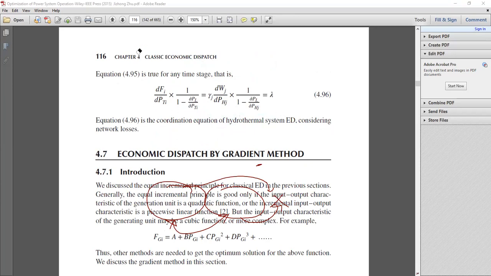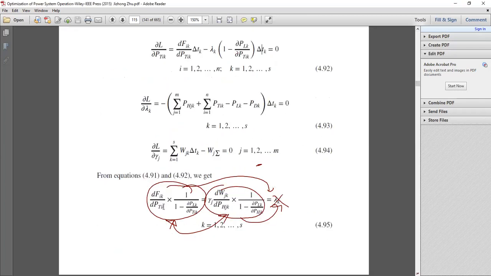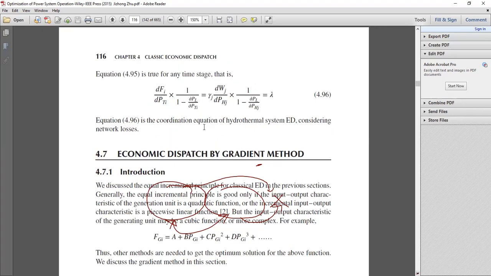So equation 4.95 is true for any time stage. Here you had the kth time instance, so it should be true for all the time instances starting from 1 up to s. So for any time instance, you simply get rid of k, and you can simply write it like this. And equation 4.96 is the coordination equation of hydrothermal system economic dispatch, considering network losses.